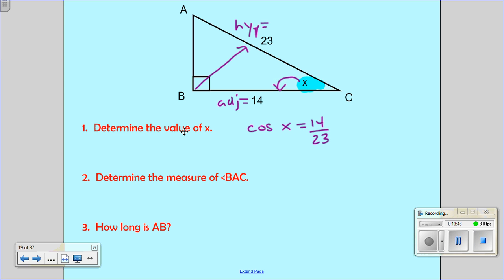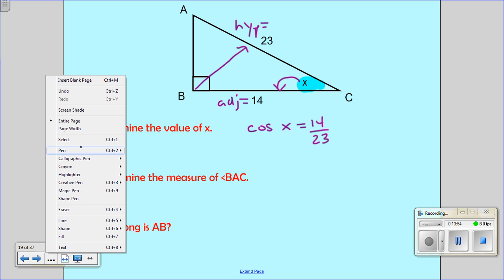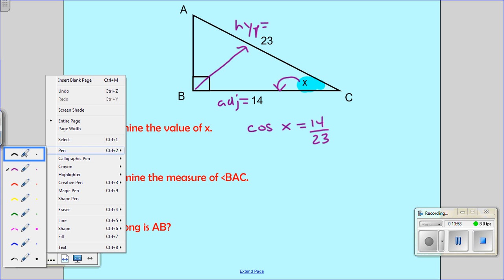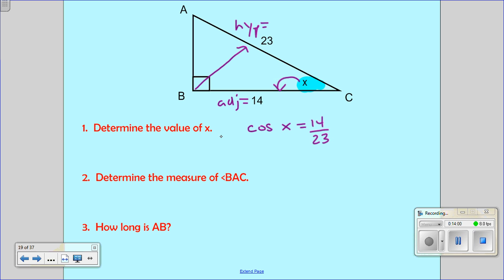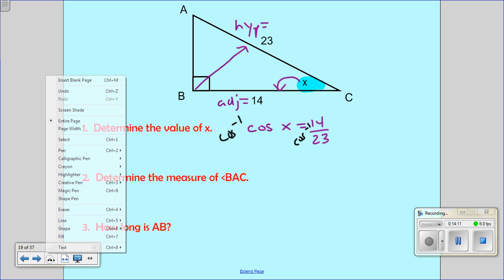Now, I'm solving for x like I was in the previous examples, but x is an angle. So the only way to remove cosine from that side is to use the inverse cosine. And you're going to apply the inverse cosine on both sides, again, because it's an equation. And you got to keep an equation balanced.